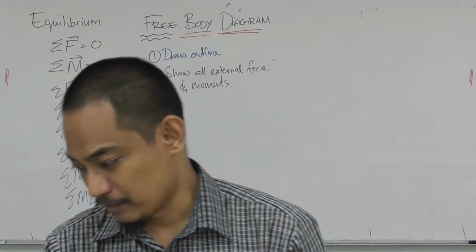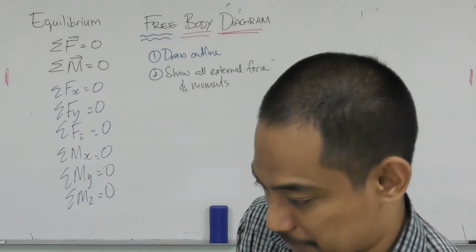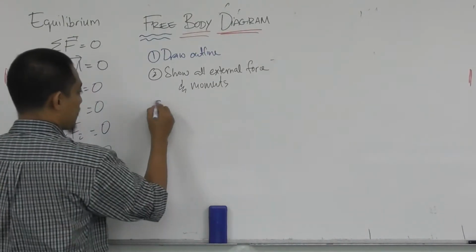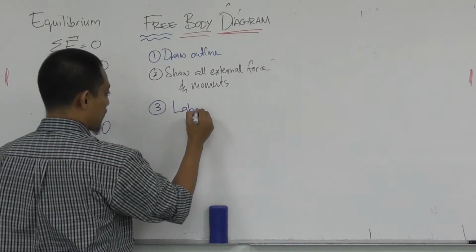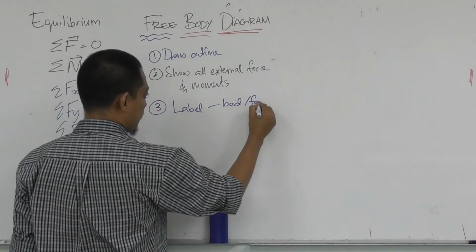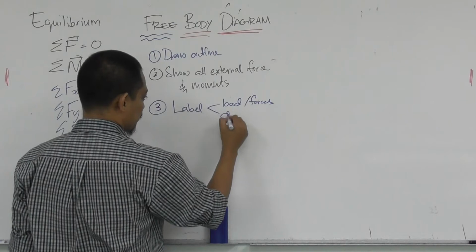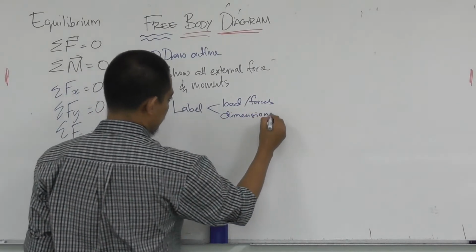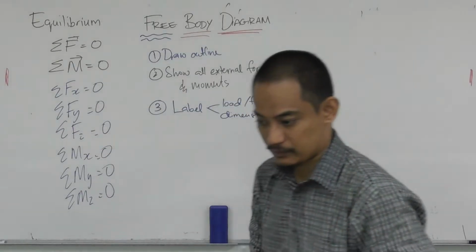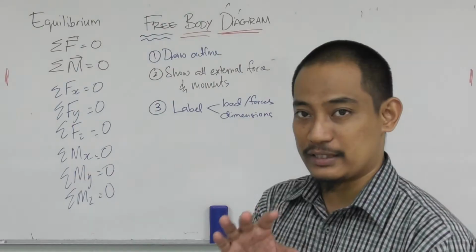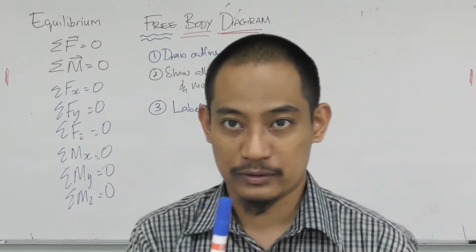And then label all loads and dimensions on the free body diagram. So label all loads or forces and also dimensions. It is not enough if you just draw an arrow.